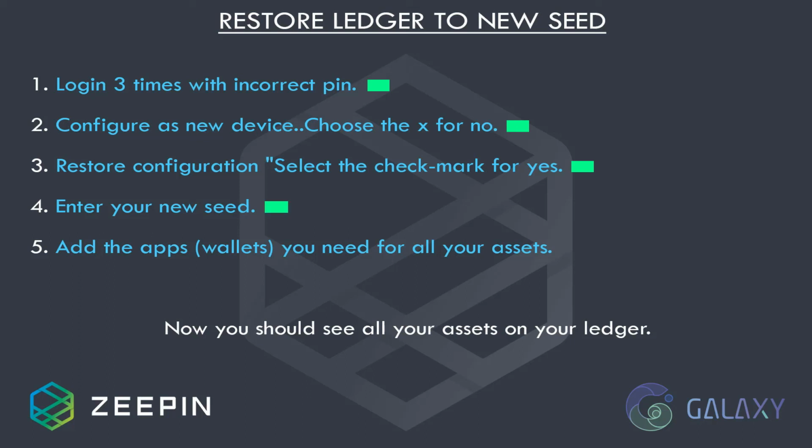Then you'll need to enter your new seed that you created. You'll need to use Ledger Live or the Chrome apps to add the apps or the wallets you need for all your assets. Now you should be able to see all your assets on your ledger.